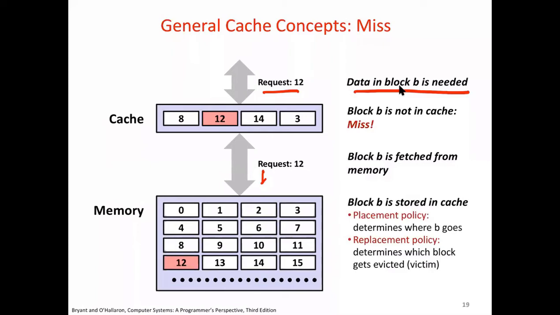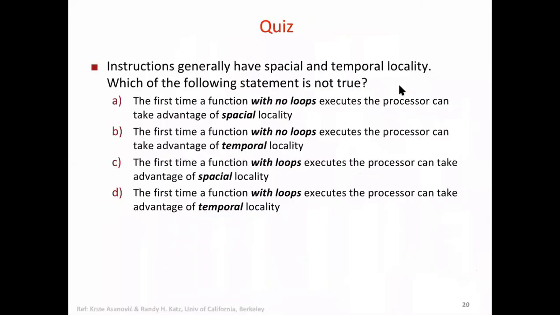So obviously there will be policies with respect to where to place this block, like block 12 must be placed somewhere, and which block should be replaced or evicted. There must be policies around that, right? We'll look at some of these policies later.